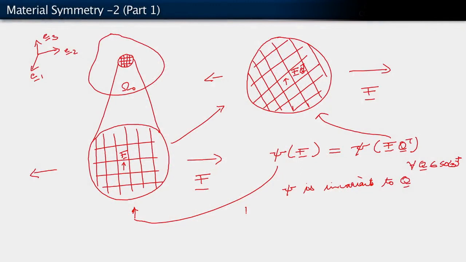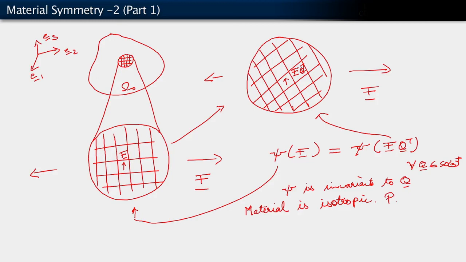So we are saying that the material is isotropic. In the context of symmetry, we say that the material possesses the full symmetry of SO3. Material is isotropic.